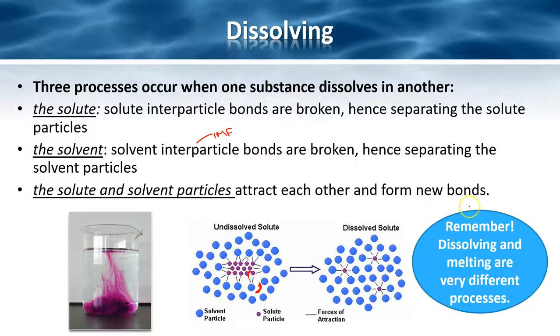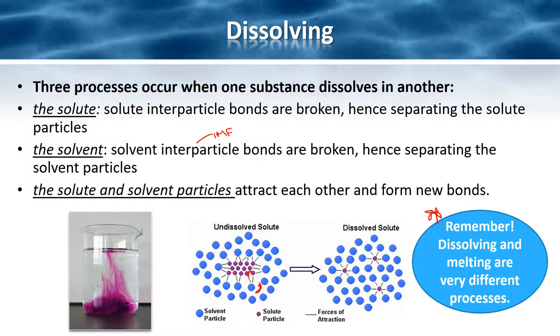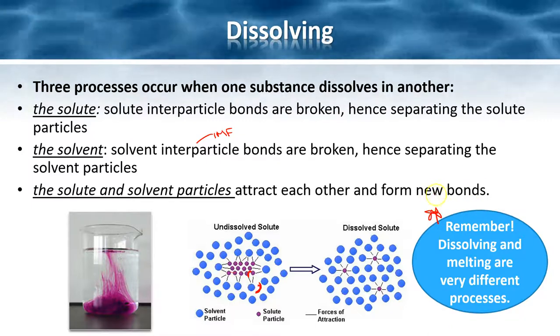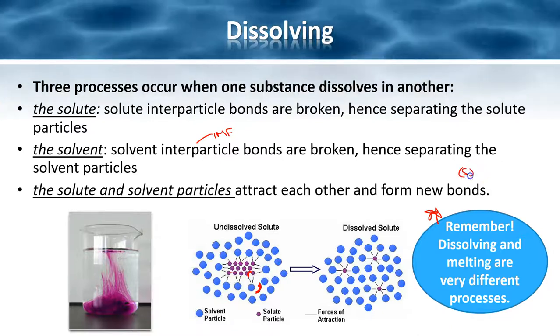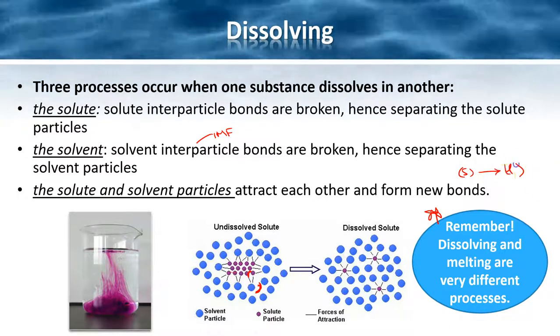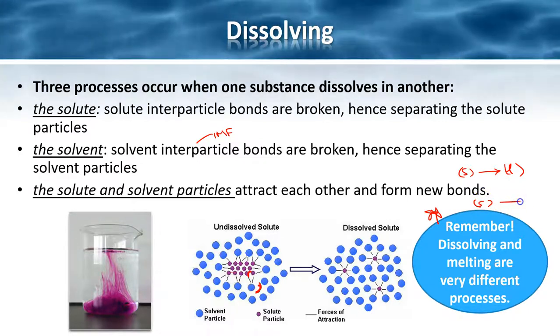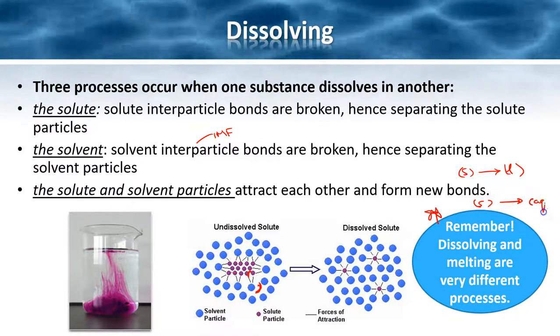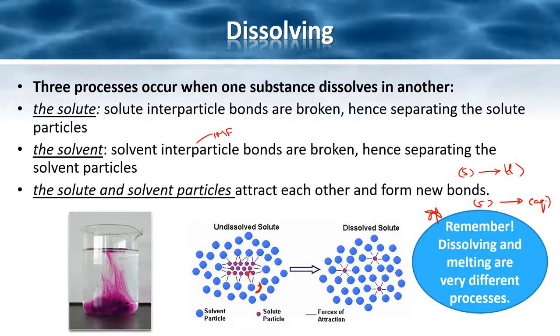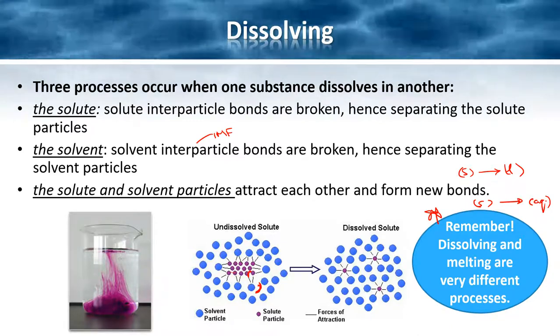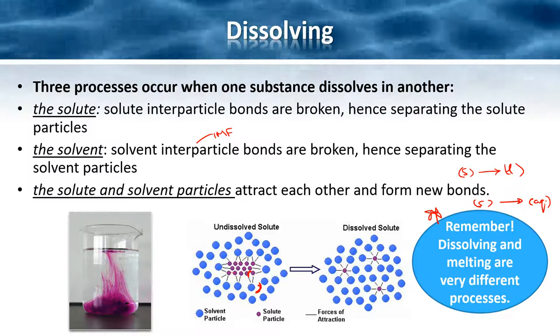It's very important to remember that dissolving and melting are very different processes. We melt something, taking it from a solid to a liquid, by adding heat. When we dissolve something, that solid becomes aqueous. It is now floating around in solution with water, but they are different things.